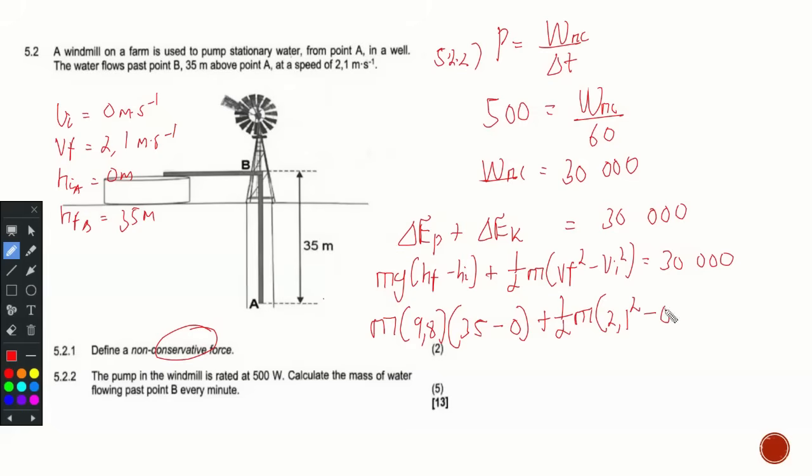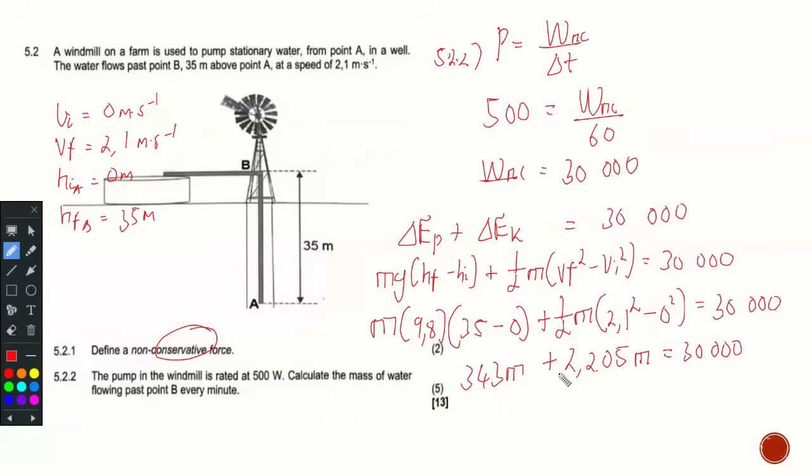Then square that minus 0 squared is equal to 30,000, right? Now at this point, we can multiply this 9.8 multiplied by 35, 343. So that's 343 m. And then let's do this one: half bracket 2.1 squared minus 0 squared, close bracket. It's going to give us plus 2.205 m, which is equal to 30,000.